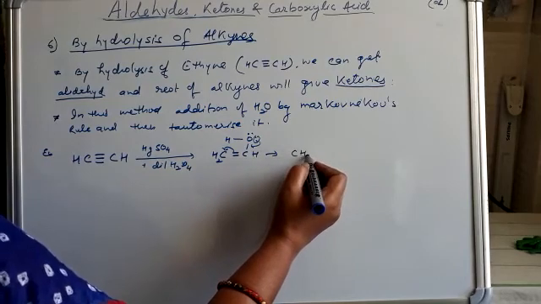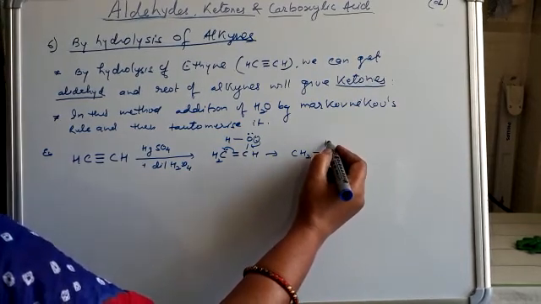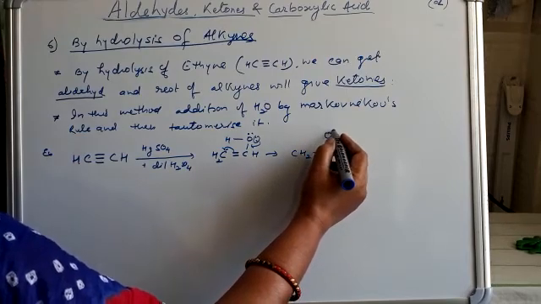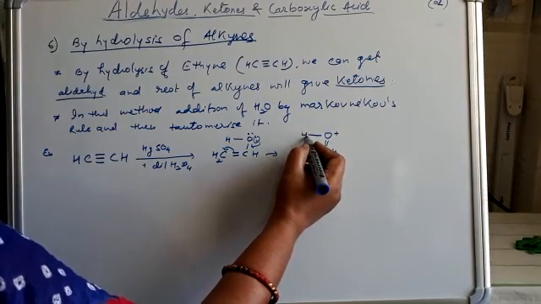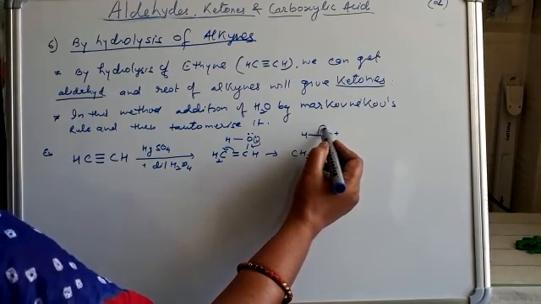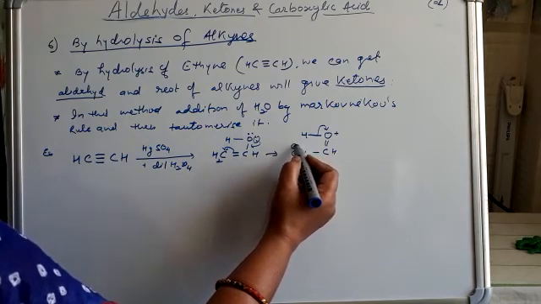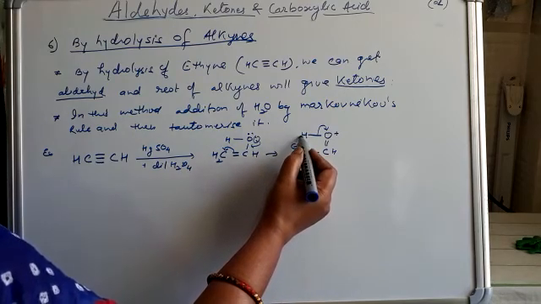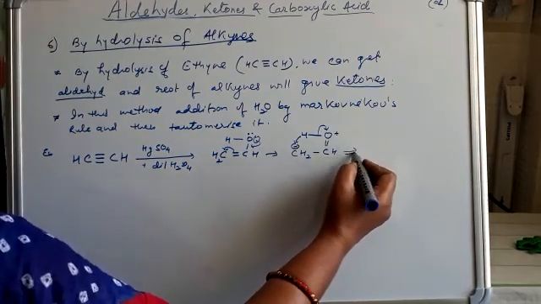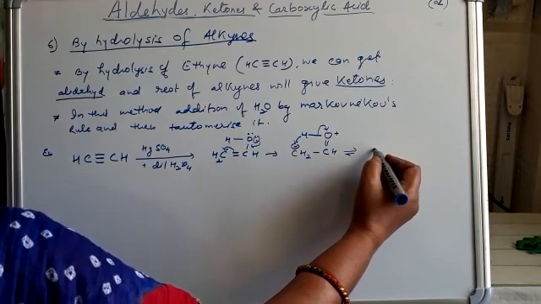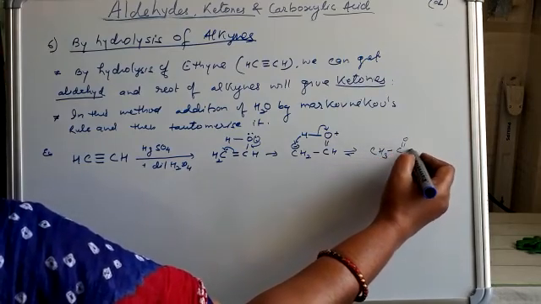Then CH2, CH double bond O and positive charge appears, and this bond shifted towards, and this carbon acquires a negative charge, so it takes a proton here, and CH3CHO is formed.